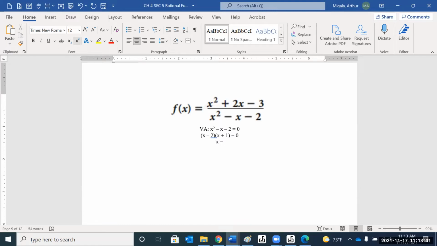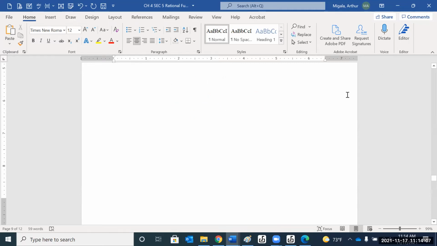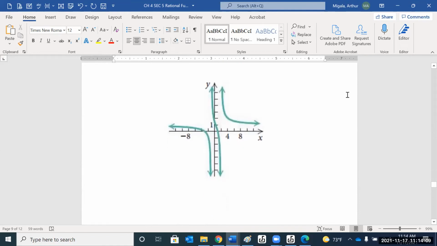Solving them, we get positive 2 and negative 1 as our vertical asymptotes. And we know the horizontal asymptote is 1. Again, plot some points and see that this is what the graph's going to look like.